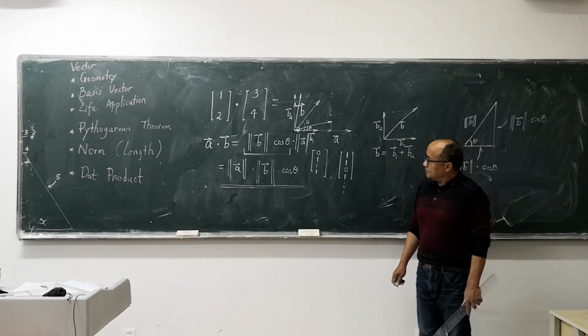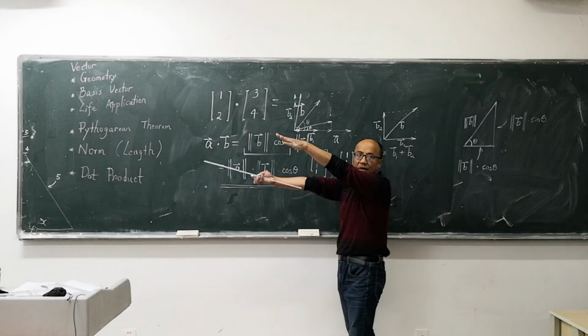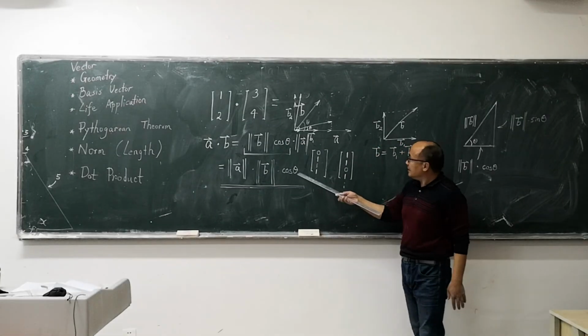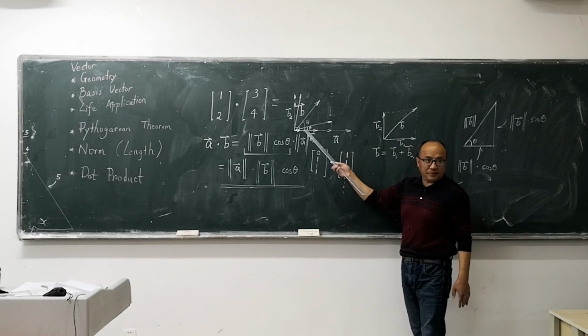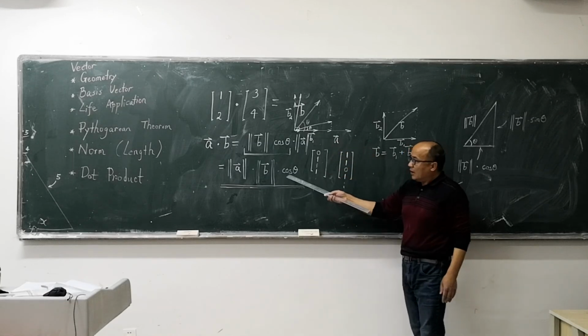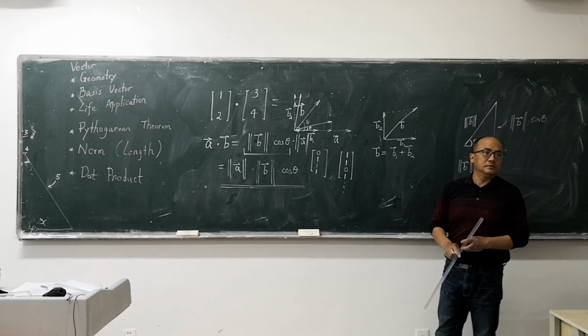Some special cases. If the two are in the same direction, then theta is zero. Cosine zero is one.